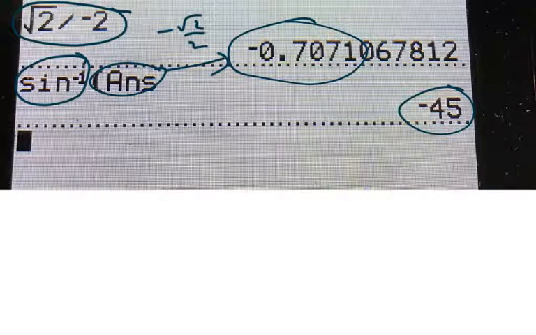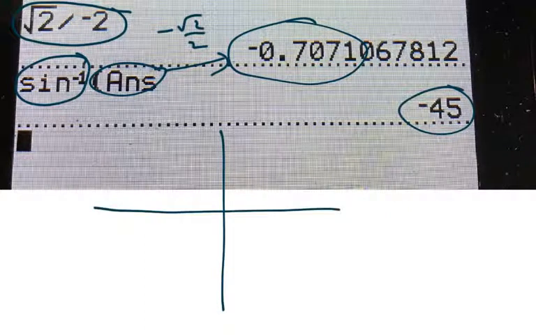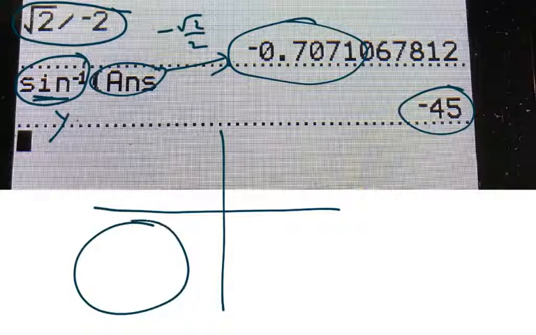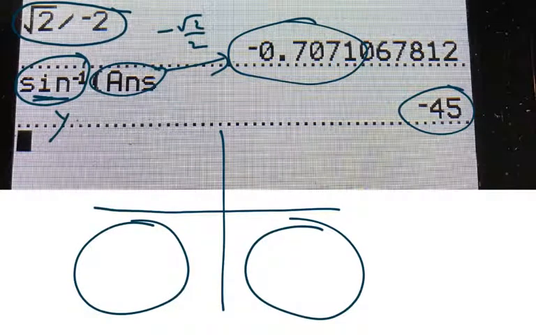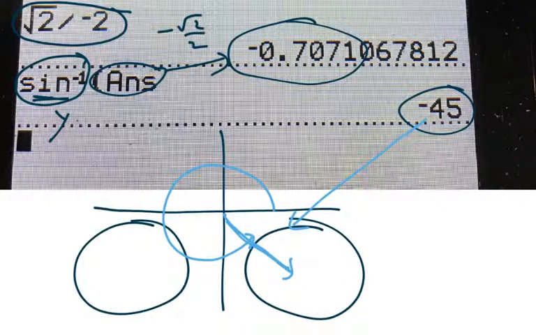Let's be careful. If we do a quick sketch of our coordinate system, remember guys, sine is our y. Where is sine negative? Quadrant 3, quadrant 4. We already did the 315, which would be right here, which again is equivalent to negative 45 degrees, right? So there's our 315.